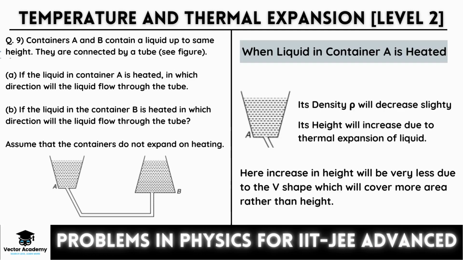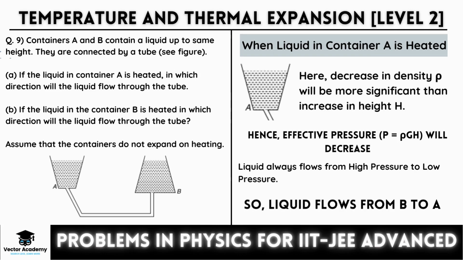When liquid in container A is heated, its density ρ will decrease slightly as the volume of the liquid will increase on heating. Its height will increase due to thermal expansion of the liquid. Here the increase in height will be very small due to the V shape, which will cover more area rather than height.